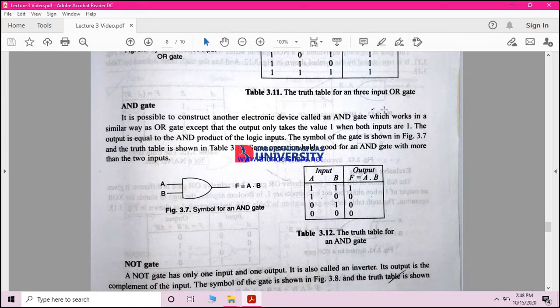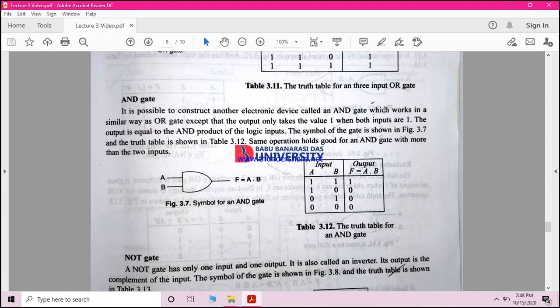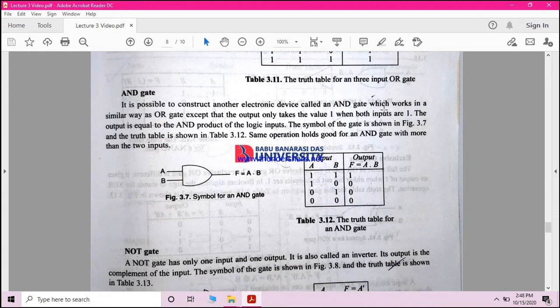Next is the AND gate. What is AND? It means multiplication. Okay, let's see how we represent an AND gate. It is possible to construct an electronic device called an AND gate which works in a similar way as the OR gate, except that the output only takes the value 1 when both the inputs are 1.